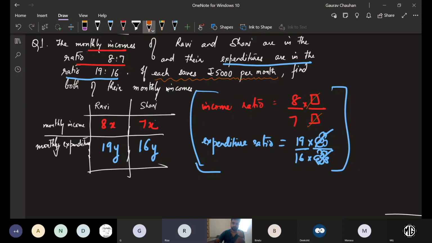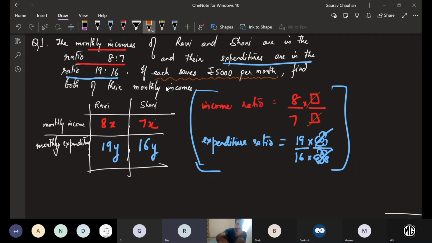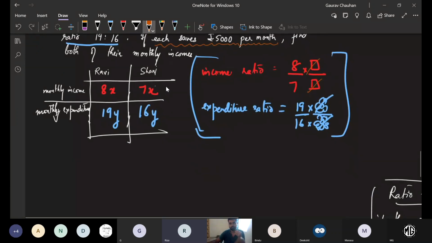From Ravi's income, we'll write 8x minus 19y is equal to 5,000, and same with Shani. So Ravi's savings is equal to 5,000. What will you write in this place, in place of Ravi's savings? Sir, 8x minus 19y. 8x minus 19y is equal to 5,000.